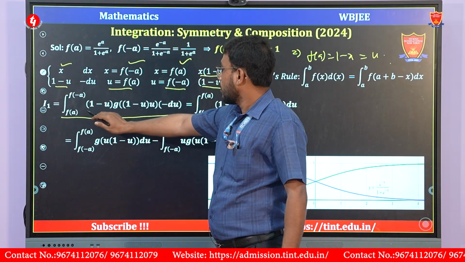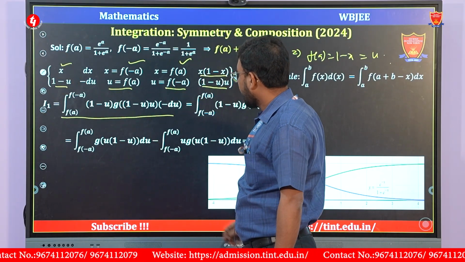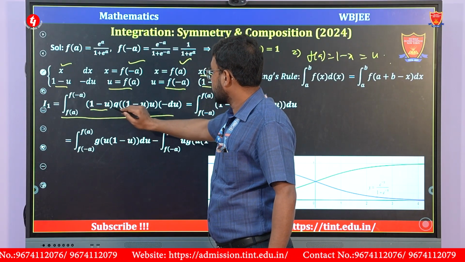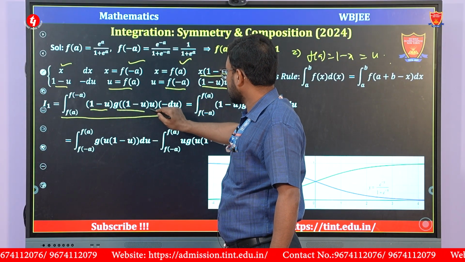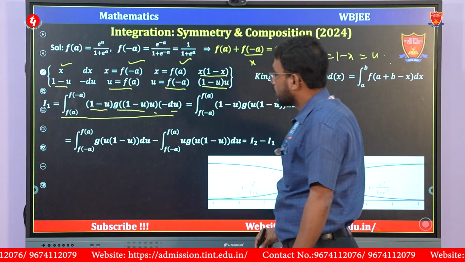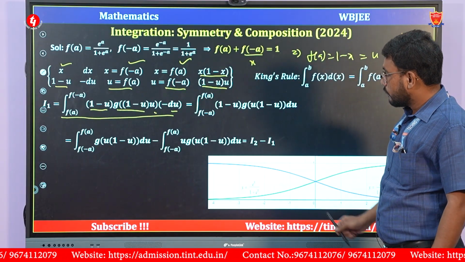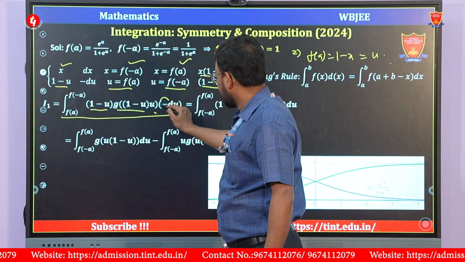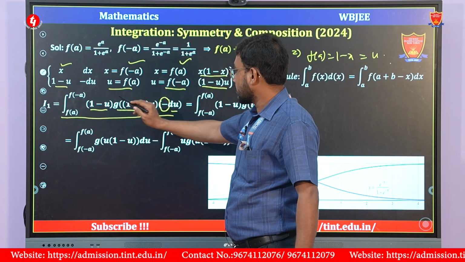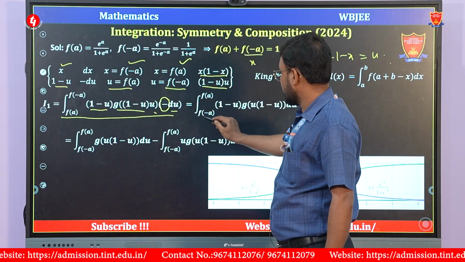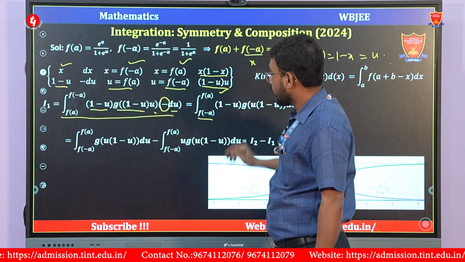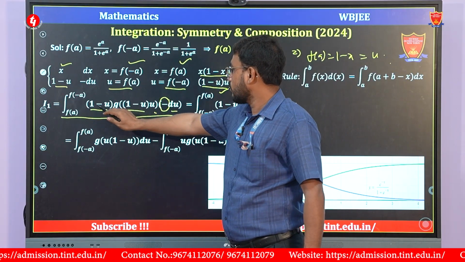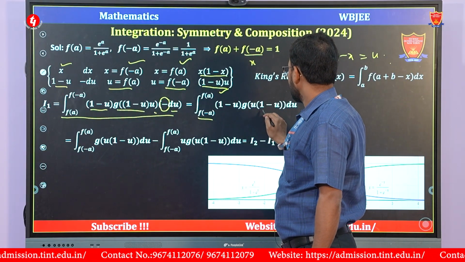Integral of f of a to f of minus a, just substitute g of 1 minus u into u du, right. Now, this is your negative sign, that is why we interchange the limits of the integration. So, f of minus a to f of a, and simplify 1 minus u, g of u into 1 minus u.